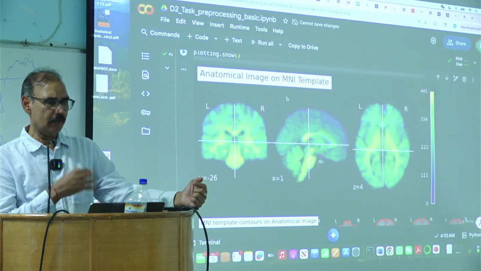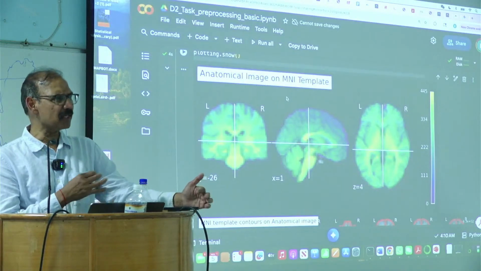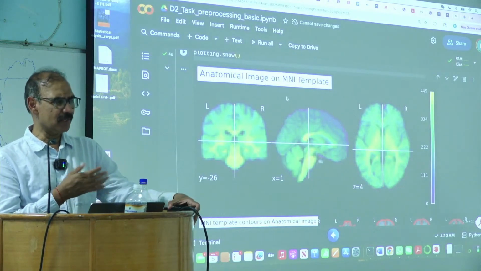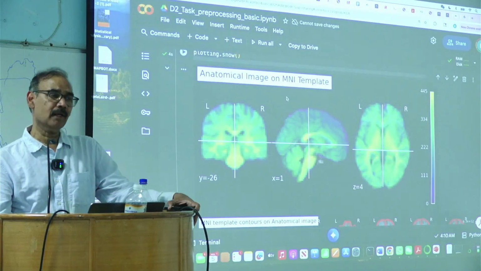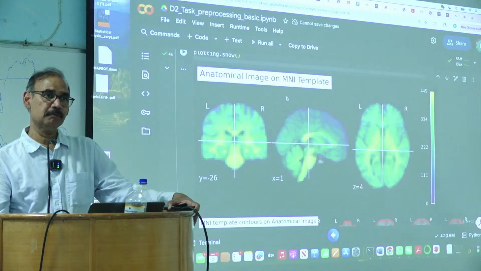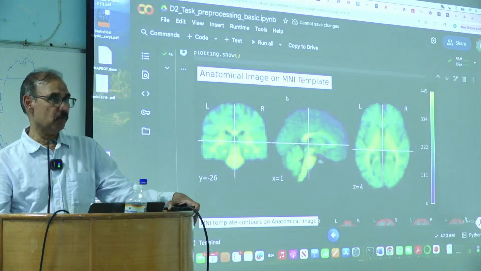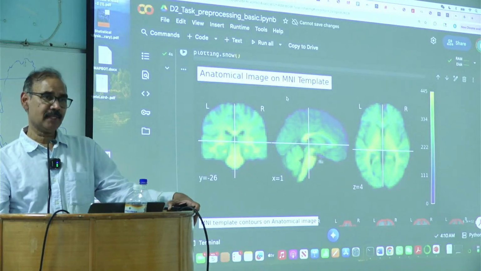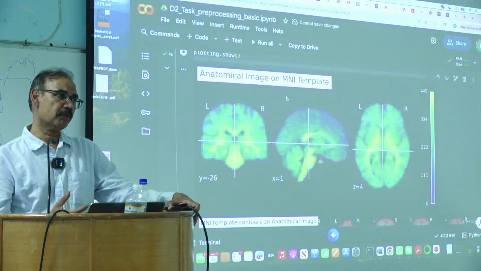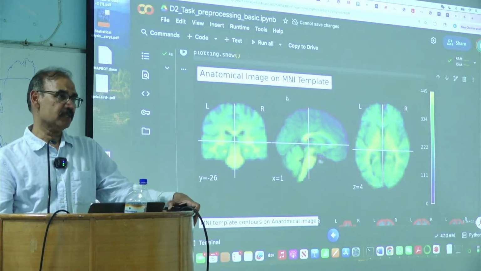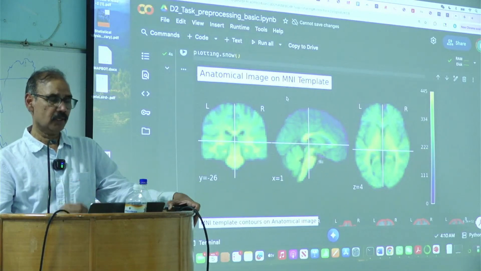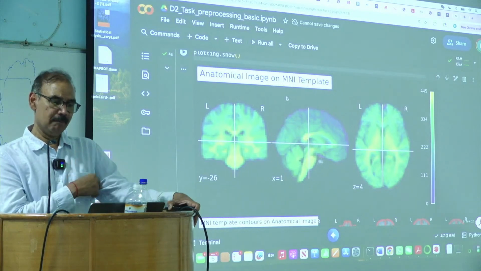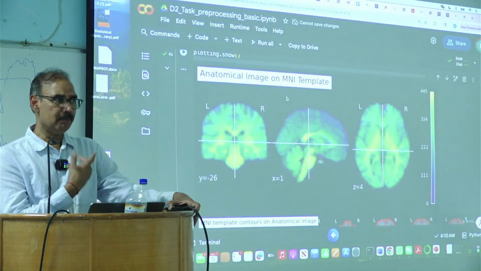If you were doing, let's say, older subjects, it is still valid. You can still use it, but if it was for a clinical group, then it may not be valid, right? If I was scanning people with schizophrenia, right? People with schizophrenia typically have large ventricles, so then it may not be valid.